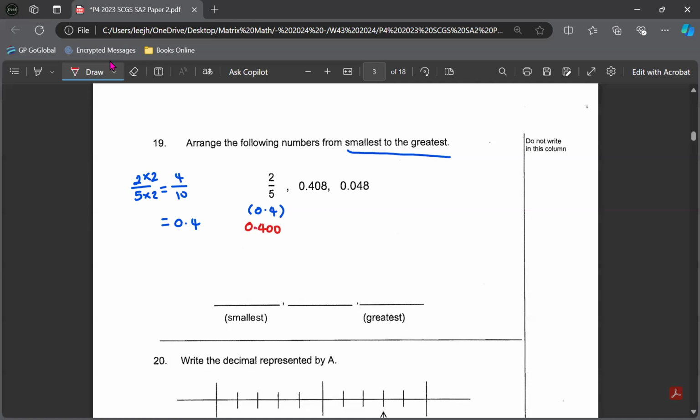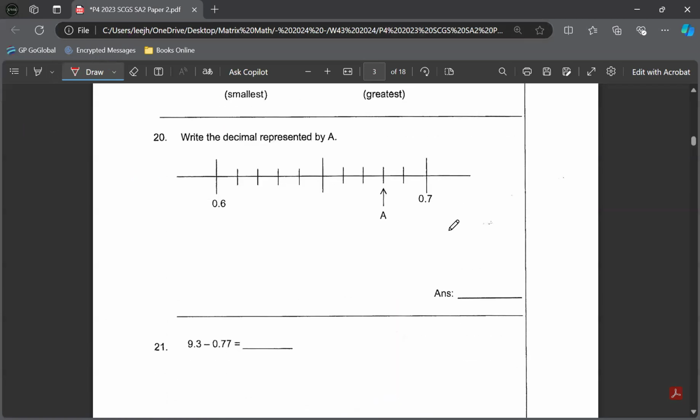You will find it easier to compare as well. If you look at this, you can see which one is the smallest. It's actually 0.048, followed by 2/5. Do not write 0.4. Always write down the original value given. Then the last one will be 0.408.